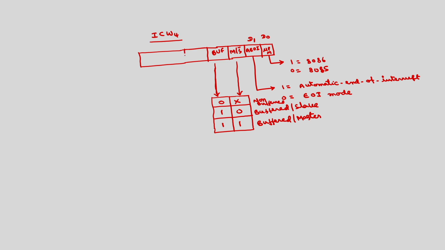Then we have the specific nested mode, as I have discussed in the last class. This 8259 can operate in 3 modes: fully nested, automatic rotation mode, and specific rotation mode.